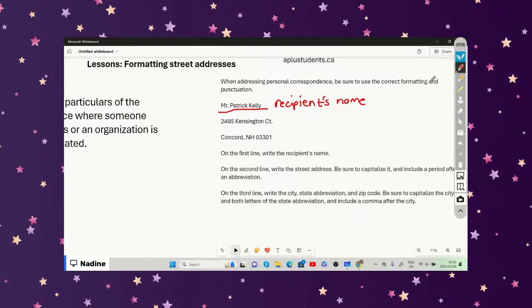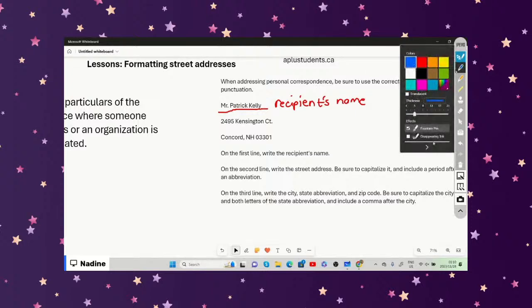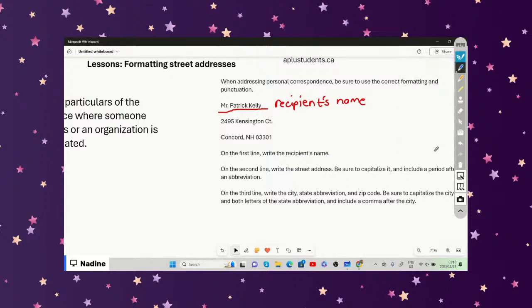Then on the second line, I'm going to choose a different color. On the second line, write the street address. I'm going to put the street address.